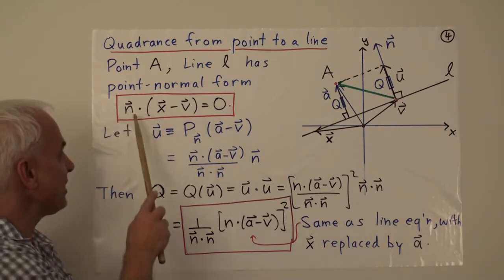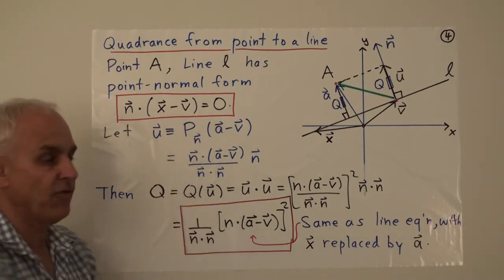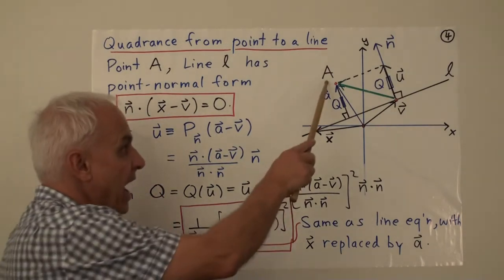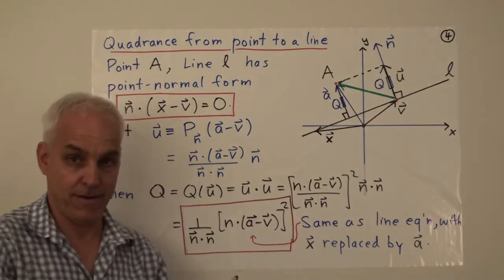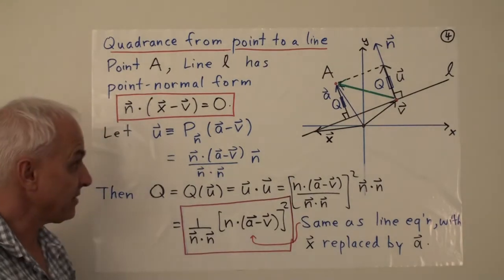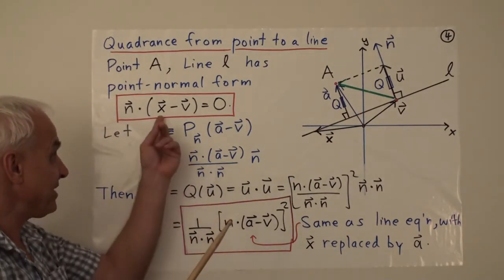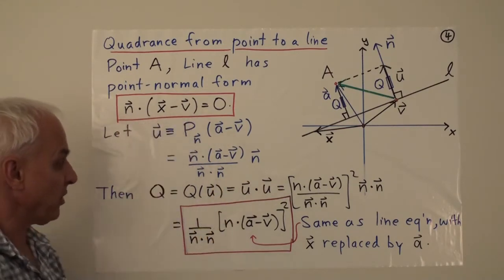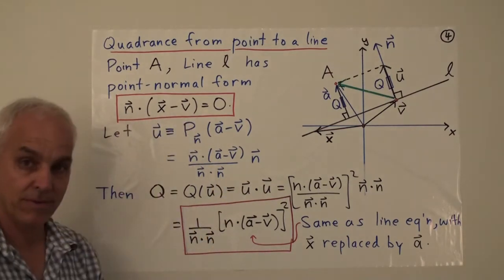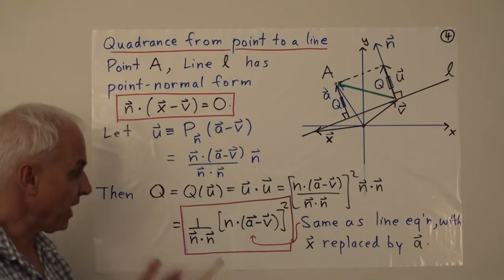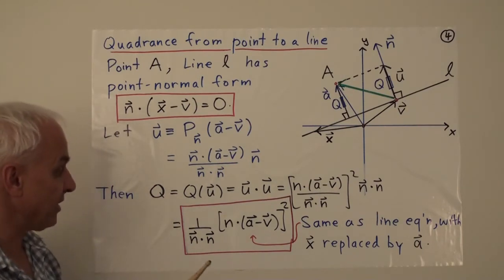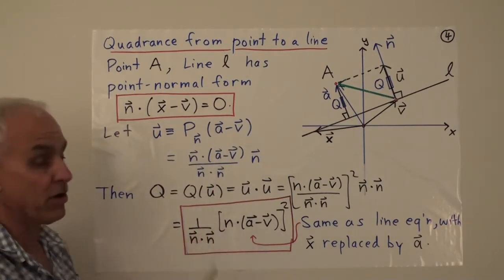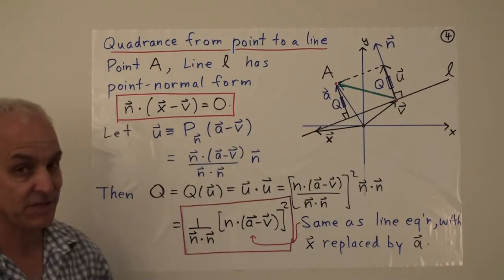The equation of the line is n dot x minus v equals 0. So suppose that the point A actually lied on the line. In that case, we'd replace x with a, and n dot a minus v equals 0. That means this would have to be 0. That's a good check: if the point A lies on the line, then this numerator is 0, and we're getting a quadrance of 0, as we should.